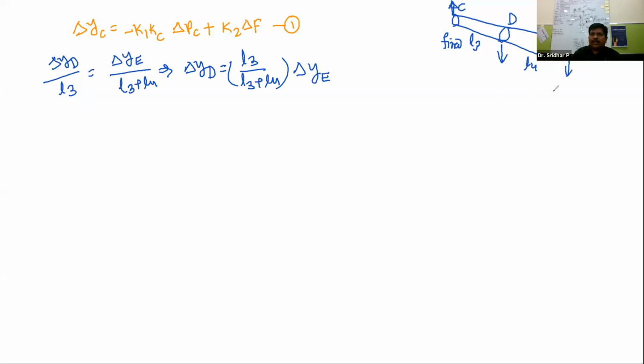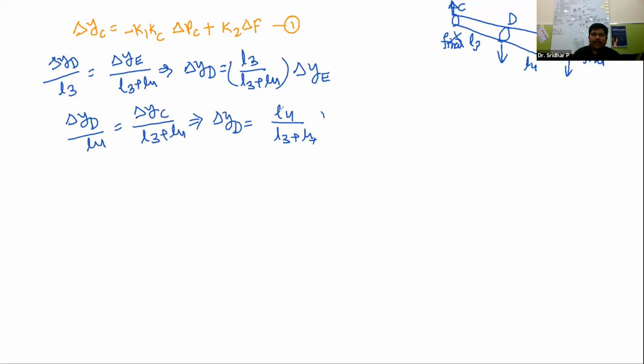Similarly, on the other side, if this is fixed and this is variable, then delta YD by L4 equals delta YC by L3 plus L4. From this equation, delta YD equals L4 by L3 plus L4 into delta YC. This is also a delta YD expression.